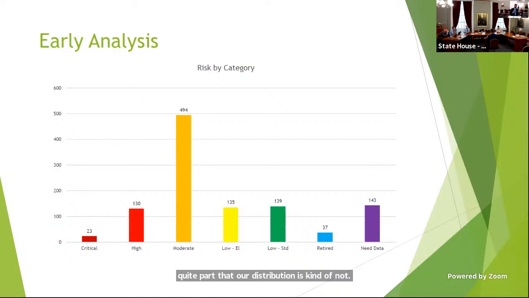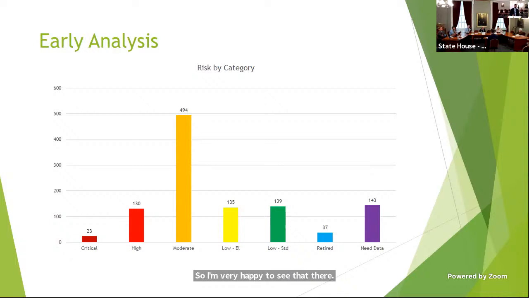I expected us to have much more high risk, because even as people, we say, oh, I've heard about this bad thing and that bad thing. You just start to see what's worse in the picture. And in this case, the fact that almost half of our applications fit in that moderate category is where you would expect them in a new, evolving system. So I'm very happy to see that.